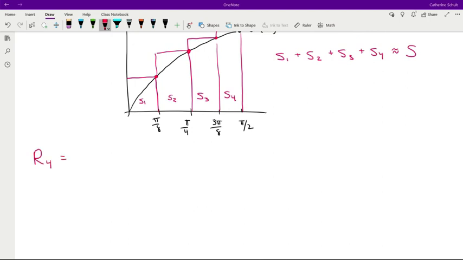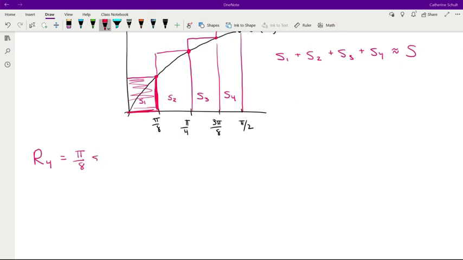R4, let's figure out the area of this first rectangle. Well, we know the distance is pi over 8. So it's going to be length times height, or width times height. So we're going to be pi over 8 is this distance. And now what's the height going to be?